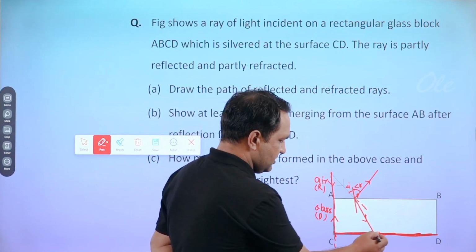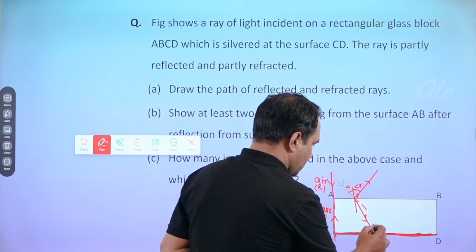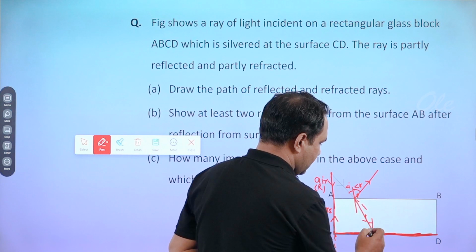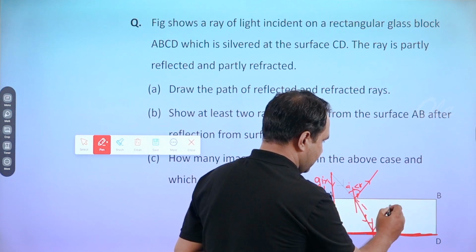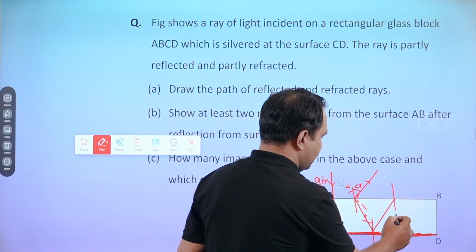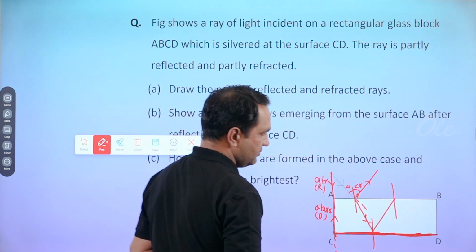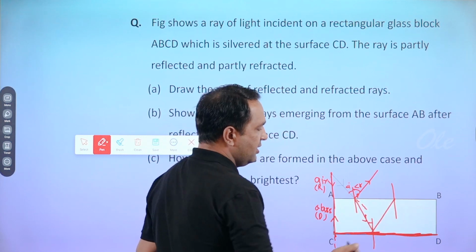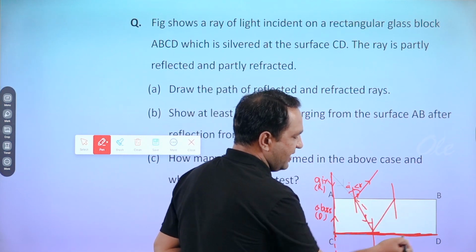Again, this is silver coated, hence again it will be reflected from this point with the same angle. So this is the reflected ray. At this point, most of the light ray will refract. As we know that there will be more part of refraction, less part will be reflected.